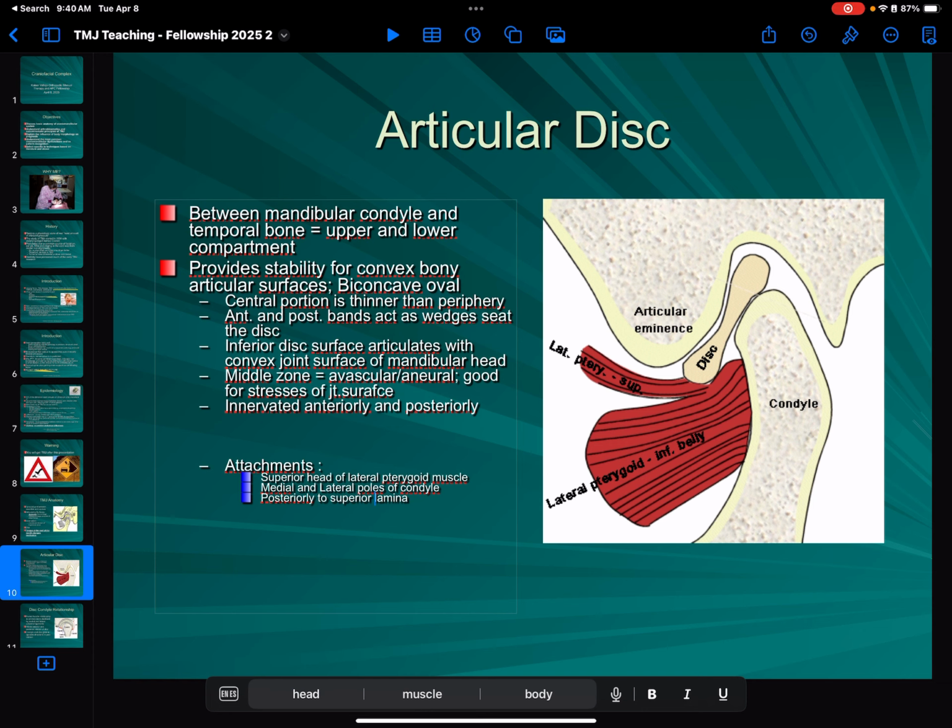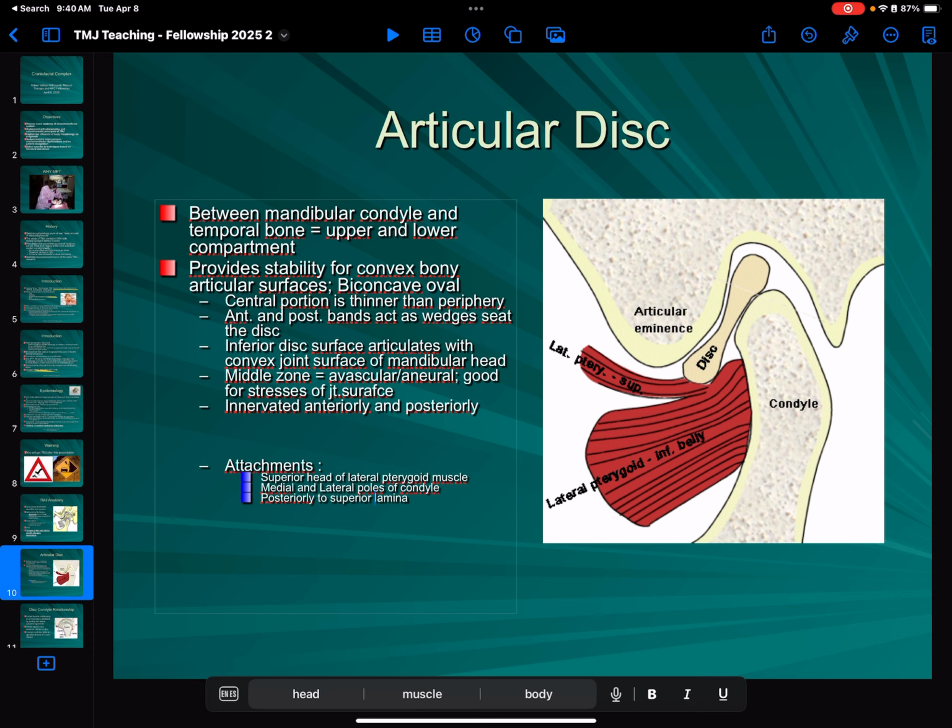You can imagine if you had a convexity on a convexity, that's not going to be very stable. Does that make sense? If you look at these two surfaces meeting together, they're not going to be stable. The disc itself is going to provide stability. And you can see, once again, the anterior and posterior bands act as wedges, and so that supports and seats the disc.